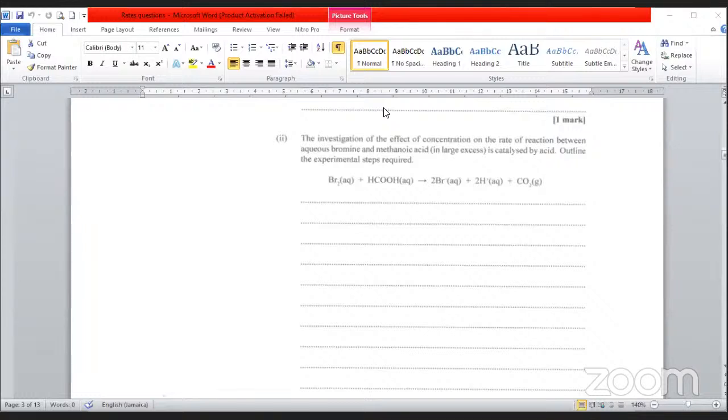The concentration of bromine is then plotted against time. A tangent is then drawn to the curve at the given times to obtain the reaction rate, and the reaction rate is plotted against the bromine concentration. So that is one method.